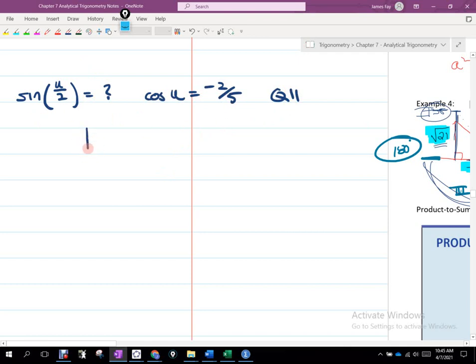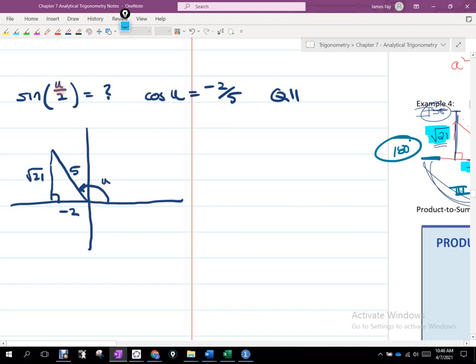So same exact information, same picture. This was negative 2, this was radical 21, this was 5. And I guess using u, that would be u. Does that make sense?